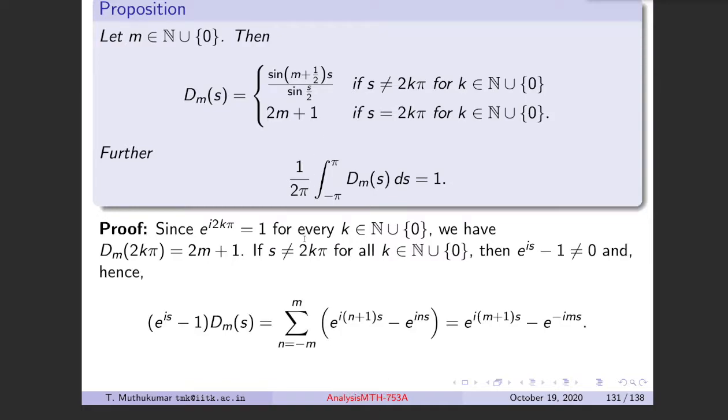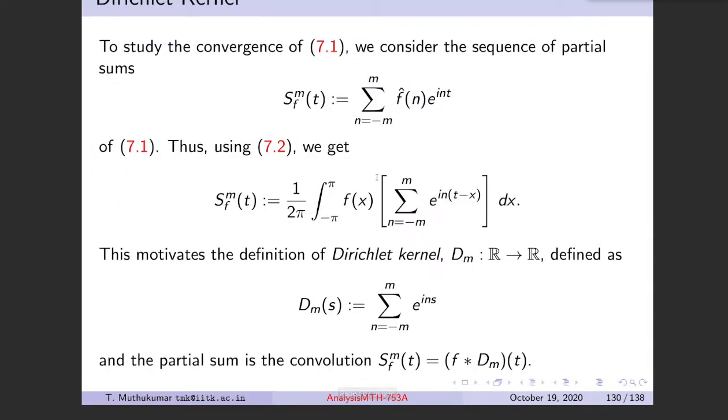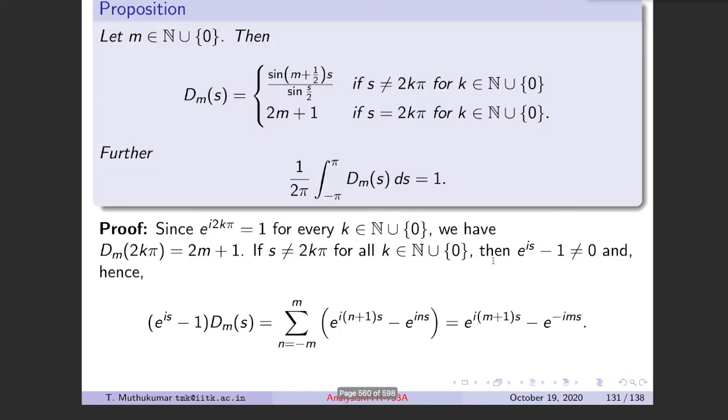Now when s is not 2k pi, then you know that e^{is} minus 1 is not equal to 0. Why? s can come from R, but whenever s is not 2k pi, e^{is} is not equal to 1.